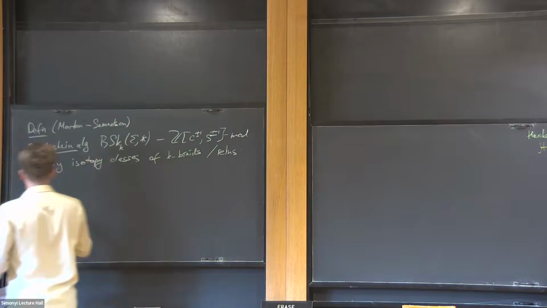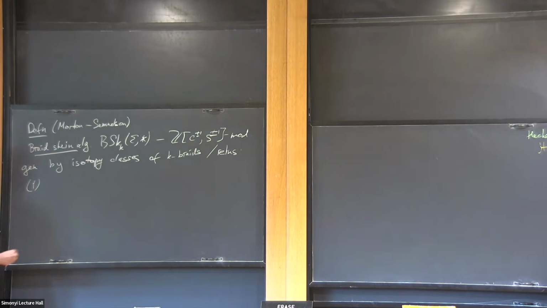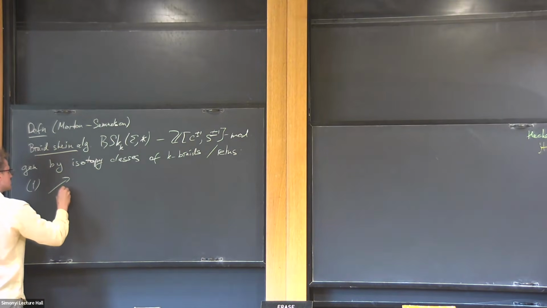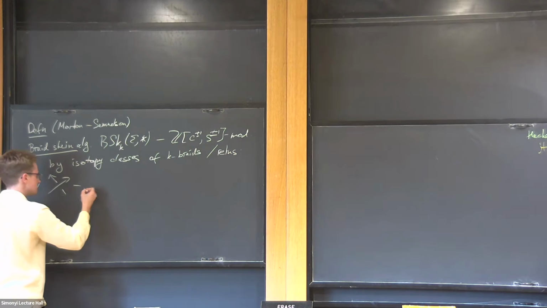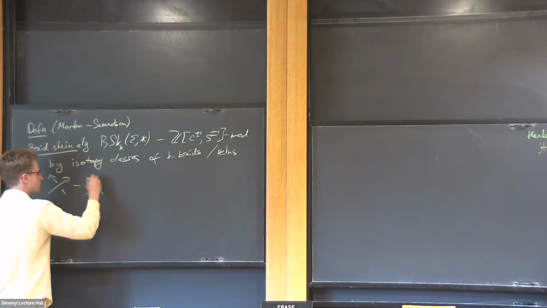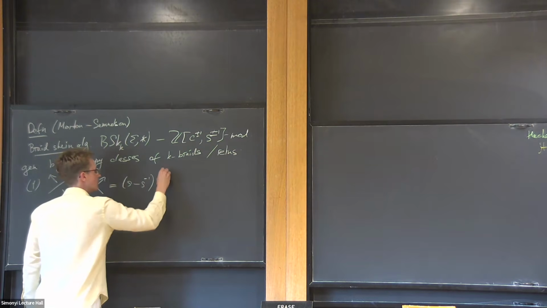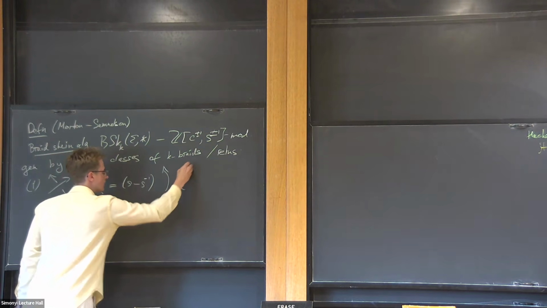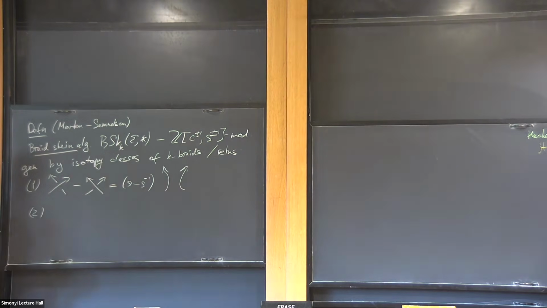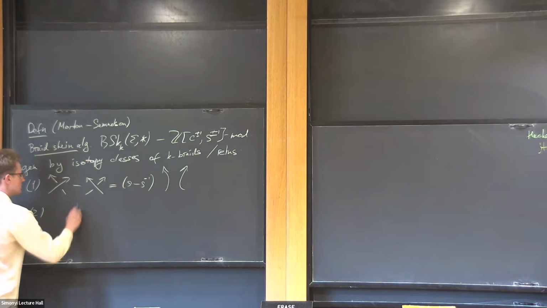So first, we have a HOMFLYPT skein relation, which looks like this locally. And second, there is this punctured point skein relation.